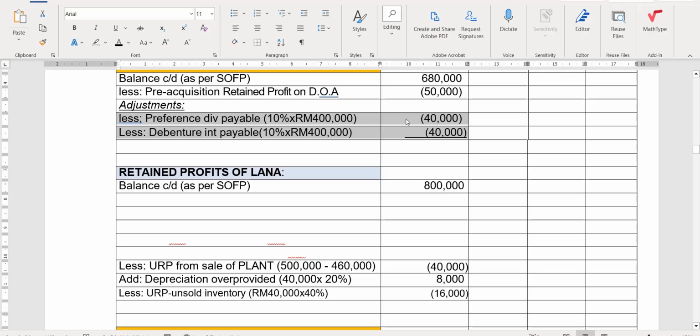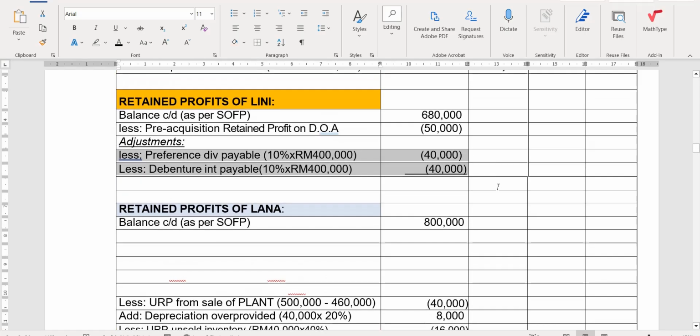So you can see that I've done the workings just now for information 4.1 and 5.1. If you notice, I've made that, and that is the only adjustment under Lini, the only two adjustment, and therefore you can find out what are the adjusted post-acquisition balance.